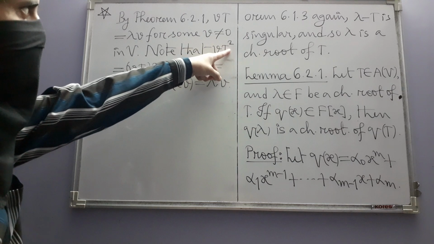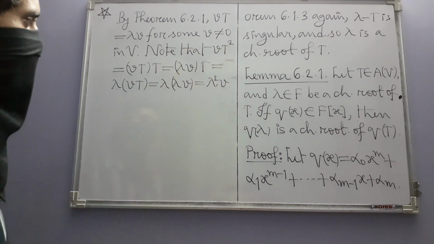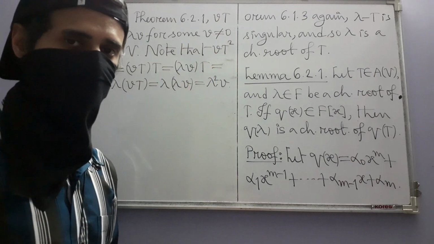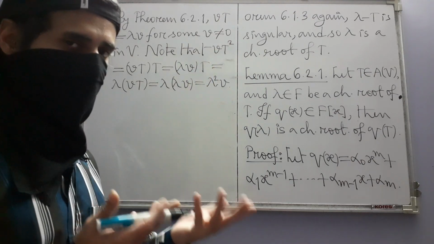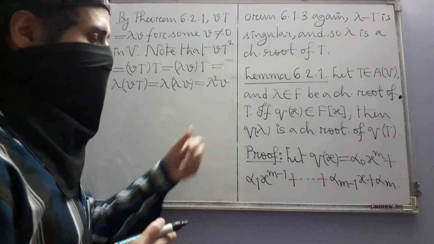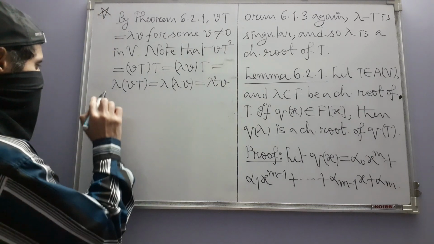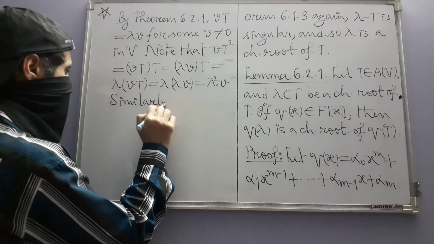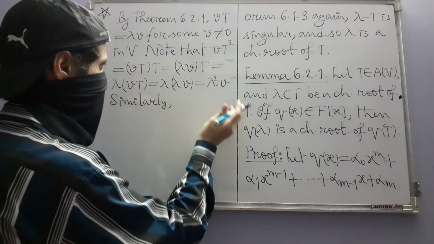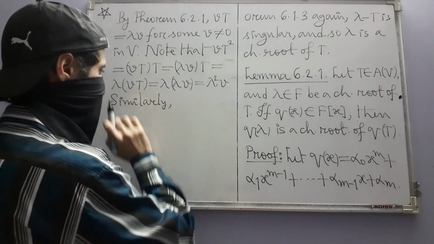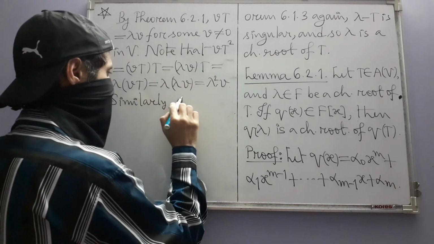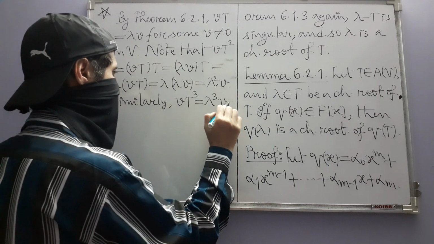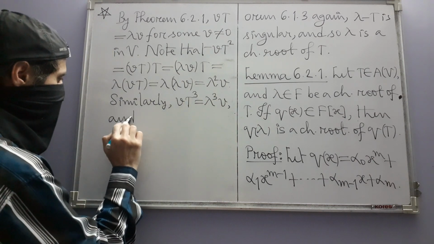So when you have T squared, you are getting lambda squared, and if you continue by calculating vT cubed, you can almost see that you are going to get lambda cubed v. Similarly, because there you are going to apply T 3 times instead of 2 times. And so on.